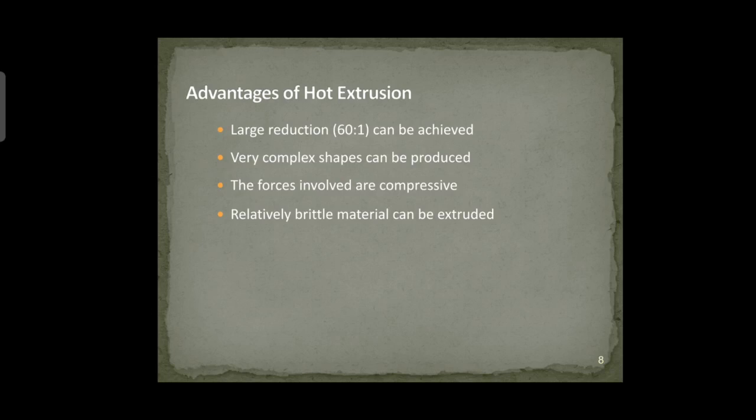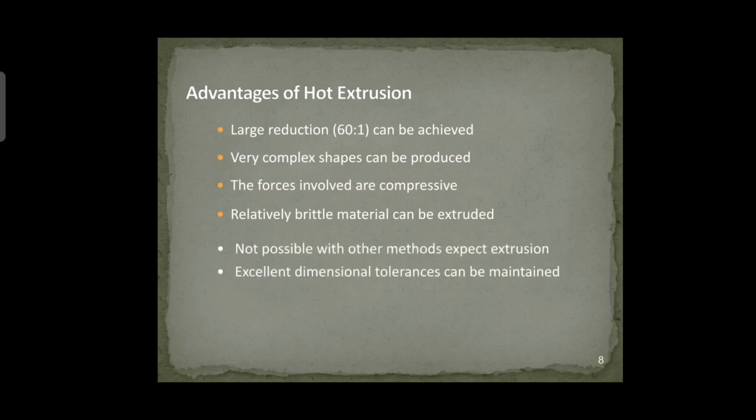The material is coming through the other side. This is not possible with other methods except extrusion, as you learned in the first point in this class, producing long length bars with difficult cross sections. They can be achieved by this process when compared with other processes.